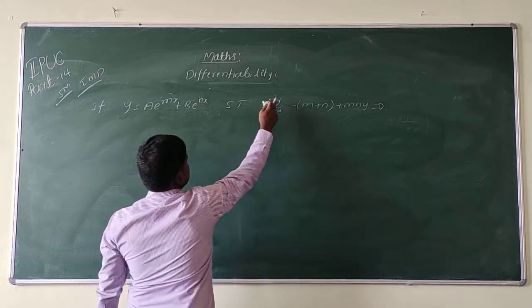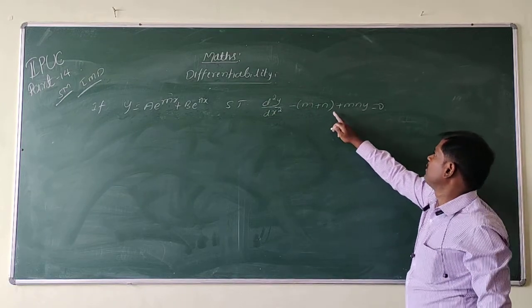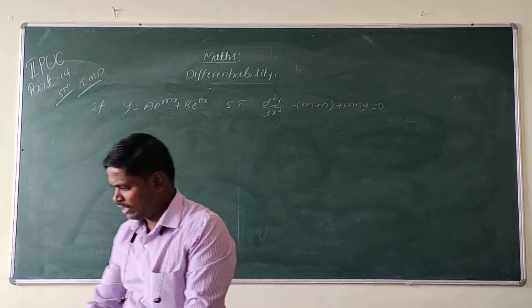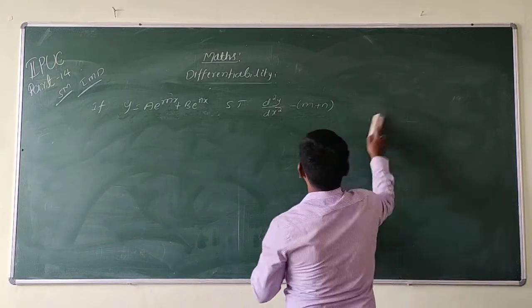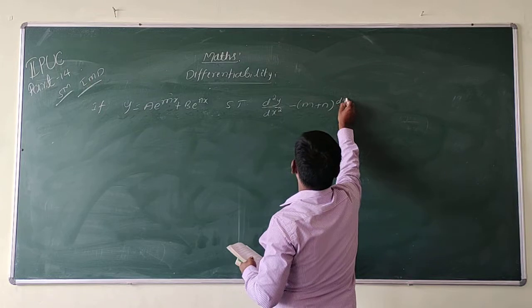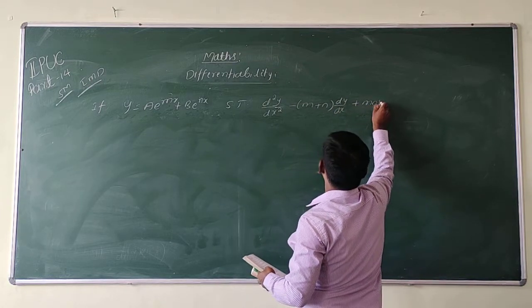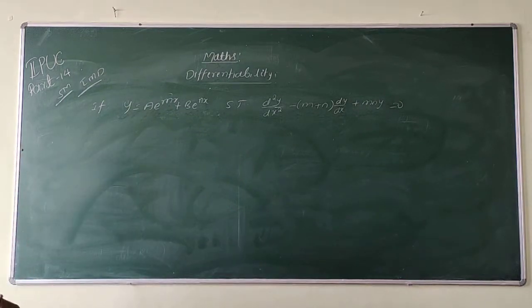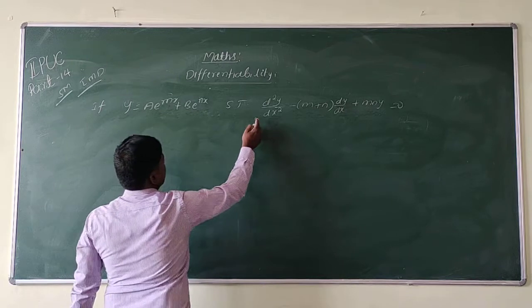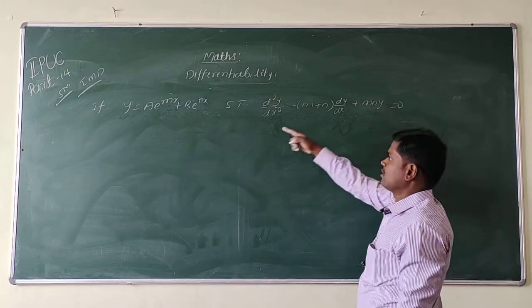Show that d square y by dx square minus m plus n into dy by dx plus m into n into y is equal to 0. Okay. So to show this, we need to find here d square y by dx square and dy by dx. y is already here. Okay.